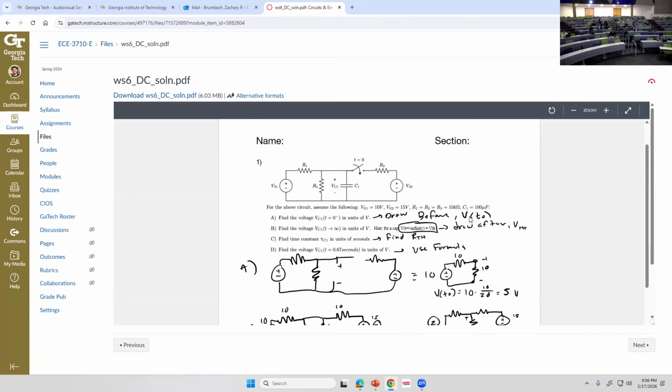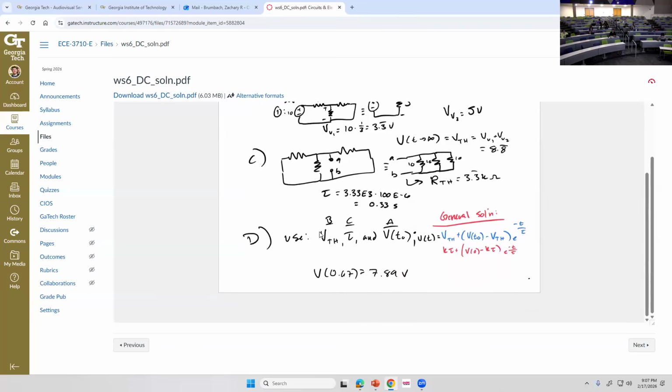Now we have my initial voltage and my V Thevenin. For tau of C1, my time constant is just R times C, and that R is R Thevenin. So this problem is really just asking you to find R Thevenin. And part D is just asking you to plug into the time domain formula, which is right here. It's V Thevenin plus initial condition minus V Thevenin, e to the minus t over tau.